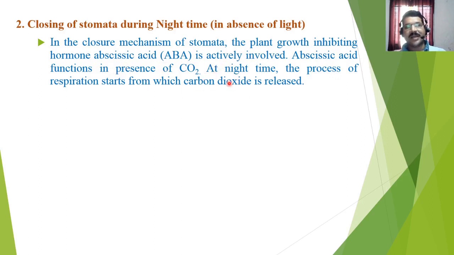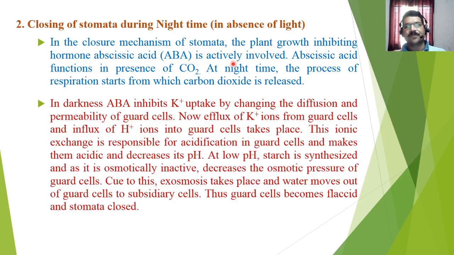As during night time respiration is going on, O2 is absorbed and CO2 is released. Now during night time, abundant CO2 is present in the vicinity of guard cells, and due to that this abscisic acid will become active, or functional.